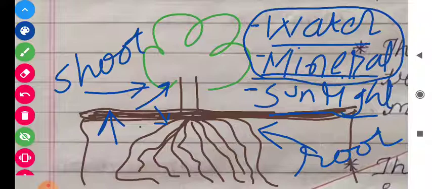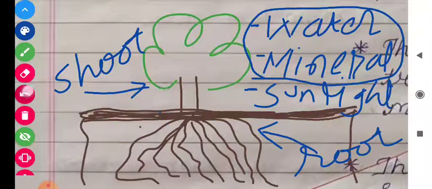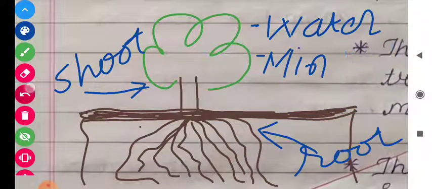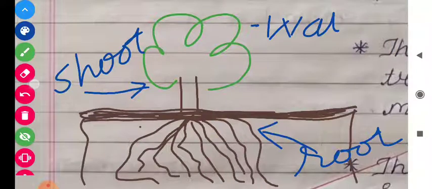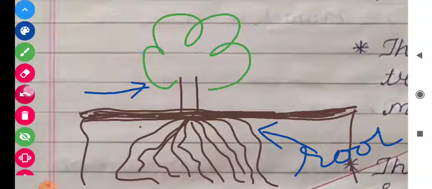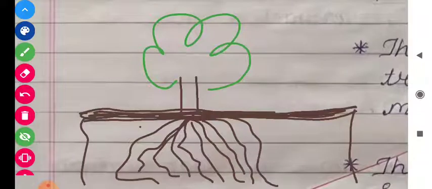So students, there are two major requirements inside the plant for conduction. What are the requirements? Let us try to understand. First, students, water and minerals are an essential requirement from top to bottom of the plant for its full growth.